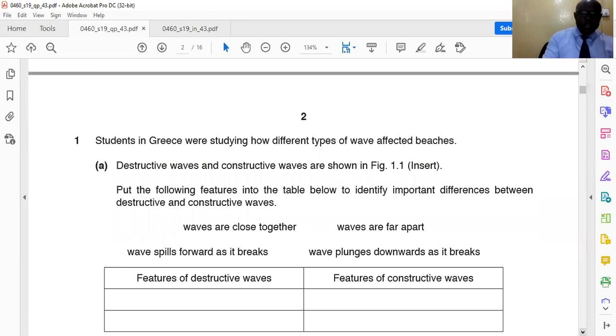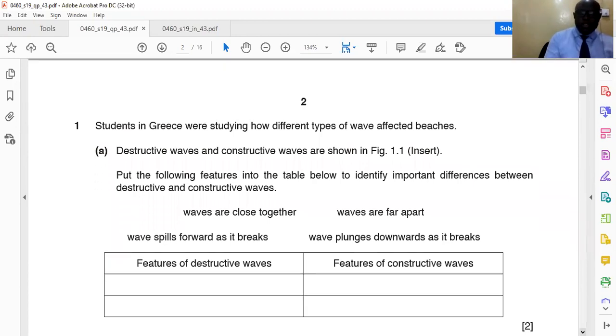So this question here: students in Greece were studying how different types of wave affected a beach. They wanted to arrange those words into the boxes there. So put the following features into this. For the destructive waves, waves are close together and the wave plunges downward as it breaks.